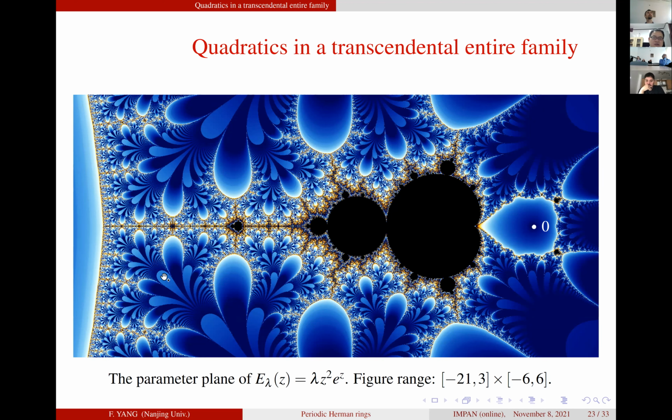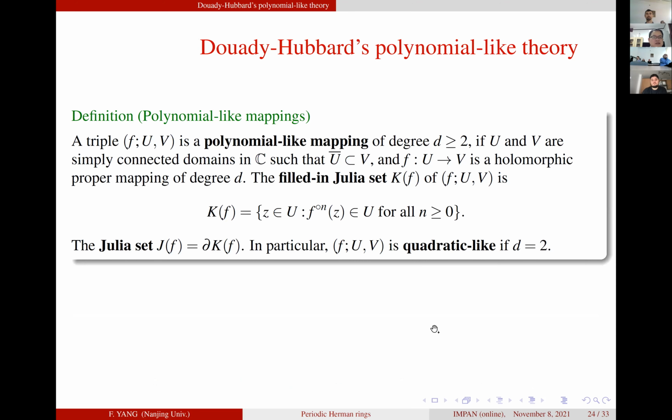So the idea is to prove there is a Mandelbrot-like set in the parameter plane of this family, and I think this definition is standard. We can read this quickly.